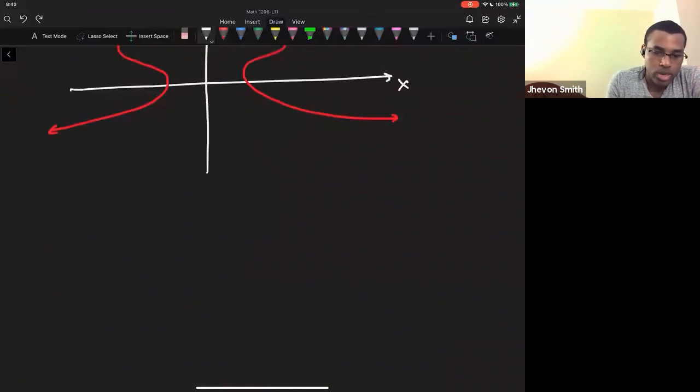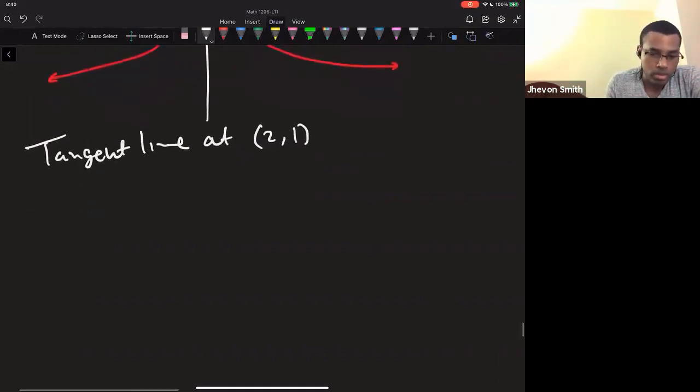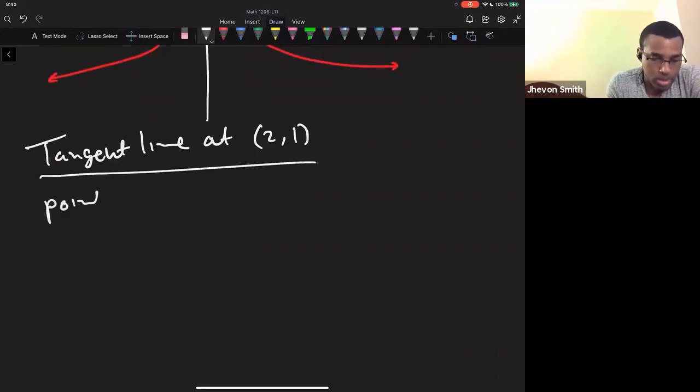So now, how do we do that? Tangent line at 2, 1. So first of all, the point is 2, 1, right? That's like your x1, y1.